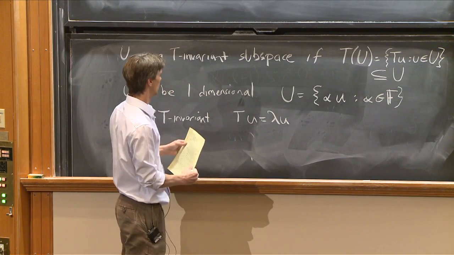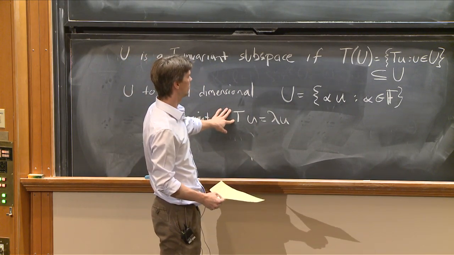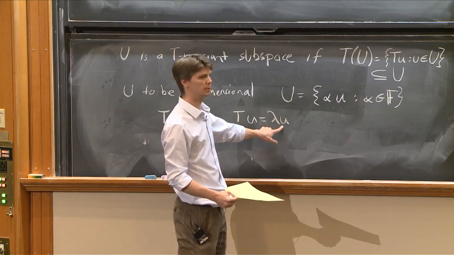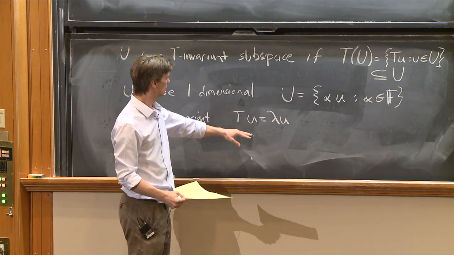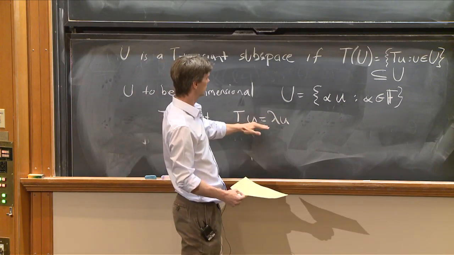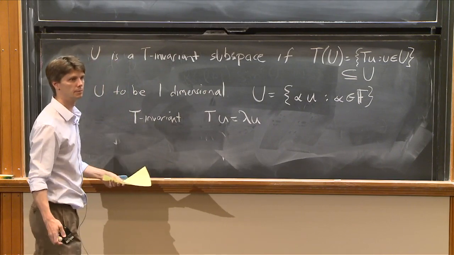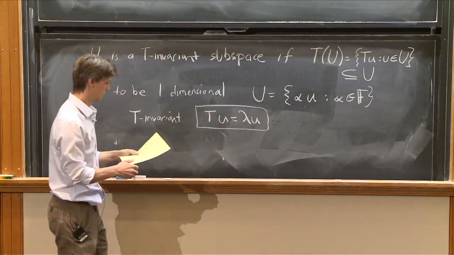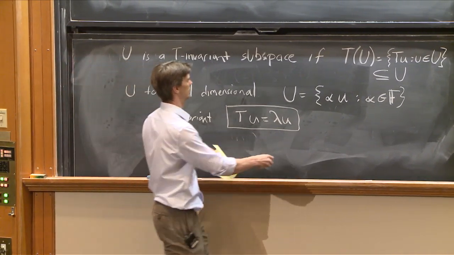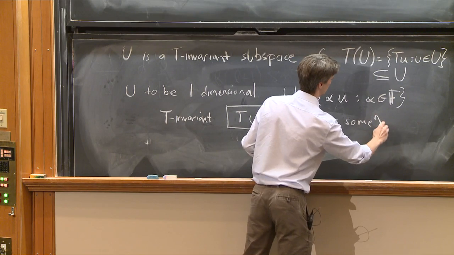We're taking all vectors in U, acting on them with T, and if the result stays within U, then it has to be able to be written like this. We have some operator acting on our vector space, producing something in the same vector space, just rescaling it, for some lambda which we haven't specified.